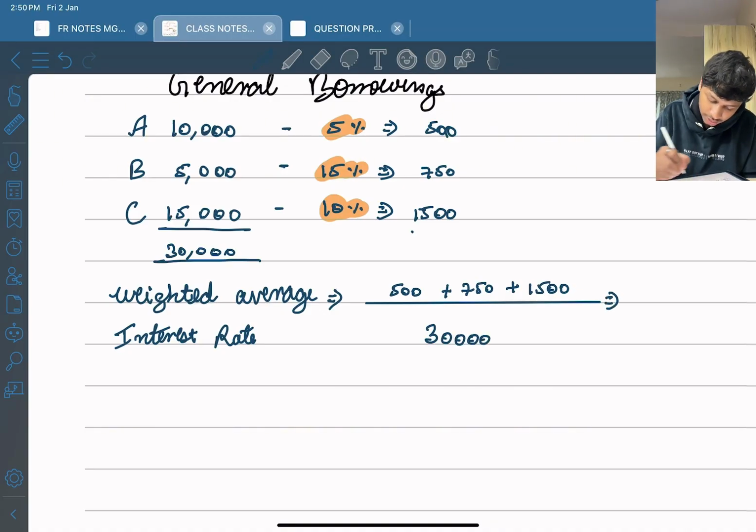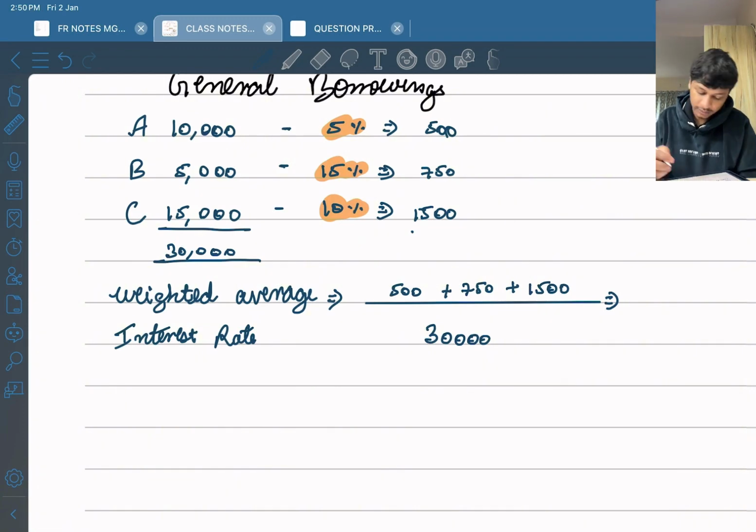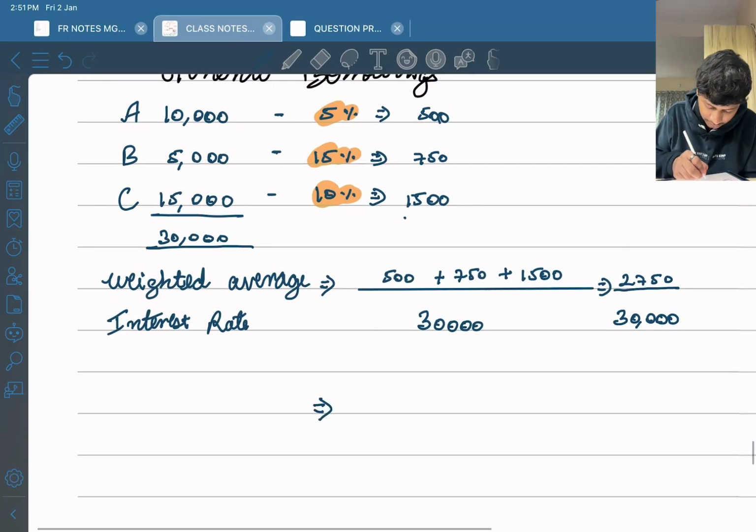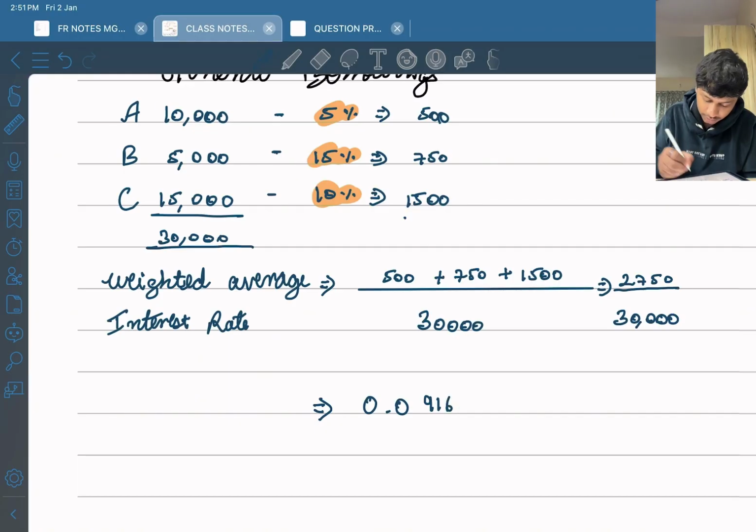The total amount of interest is 1500 plus 750 plus 500, which is 2750. 2750 divided by 30,000 gives 0.0916, or 9.16%.